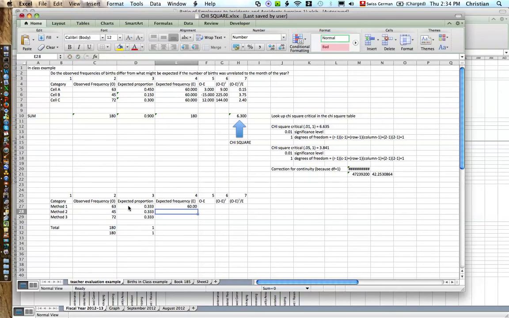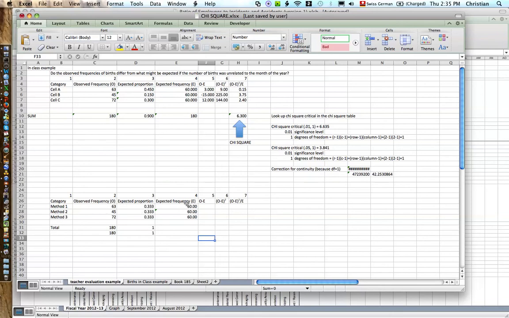Sometimes it's a little bit more complicated, and then we can do the same thing, and we have to just adjust this formula to make sure we have the right things here. Okay, so we have the expected frequency and the observed frequency.